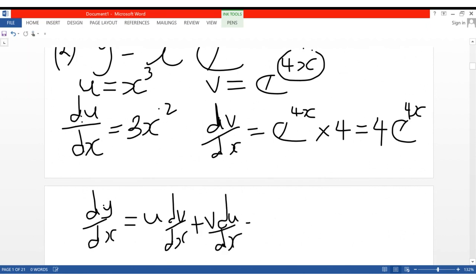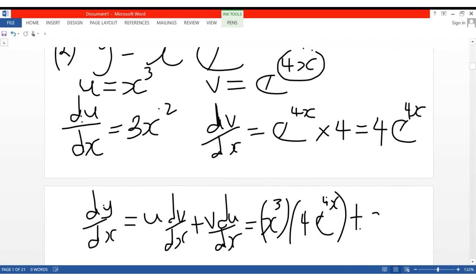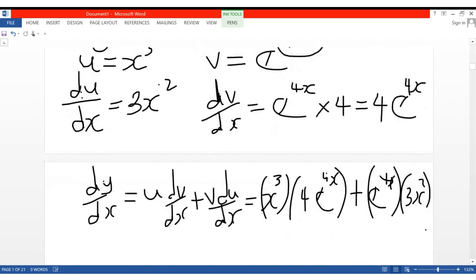So I'll just come and take my u. My u is x to the power 3. My dv dx is 4 exponential 4x, plus my v. My v is exponential 4x. And then my du dx is what? 3x squared. So we said we just bring the constants here in front.